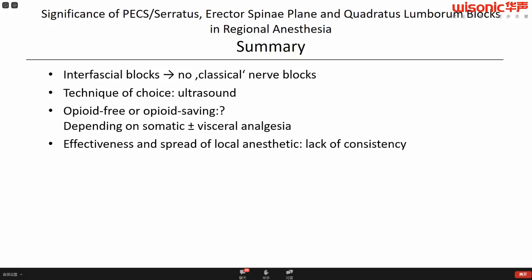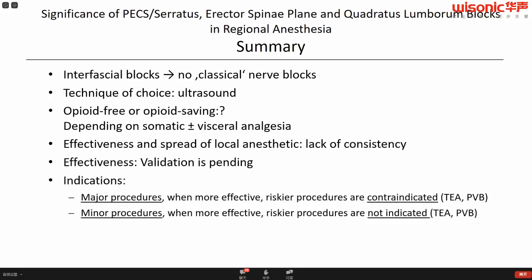All these blocks are unpredictable, and even if we are with the needle tip in the right plane and we see that the local anesthetic is spreading in the interfascial plane between two muscles, we cannot say this block will work 100% or not. Effectiveness validation is pending. What are the indications for these blocks?